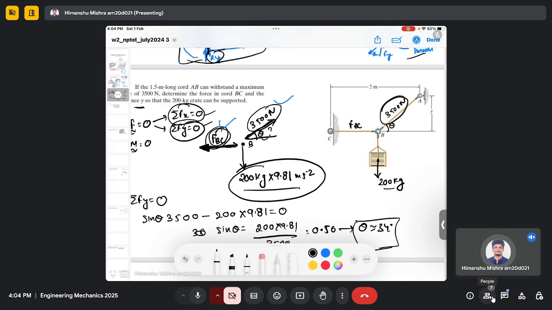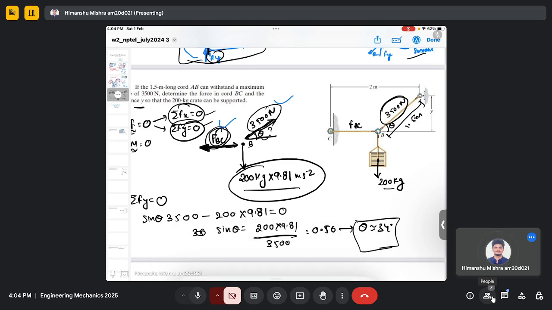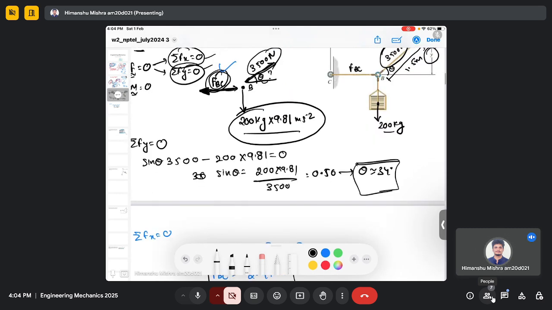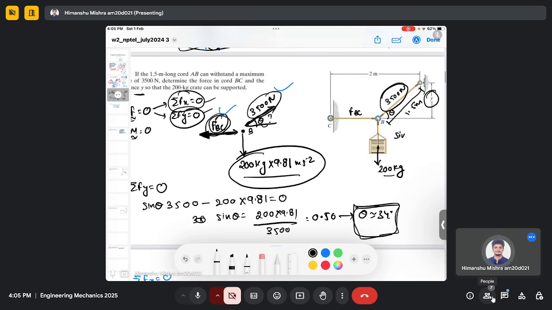So the length of this chord is given, which is 1.5 meter. So this we can actually easily calculate, because to calculate this distance y, we actually need theta, and that we have already calculated here. So this can be calculated by sine theta equals y by 1.5.